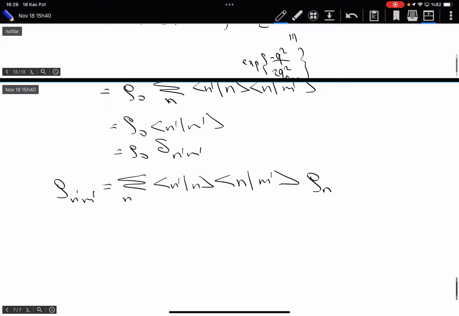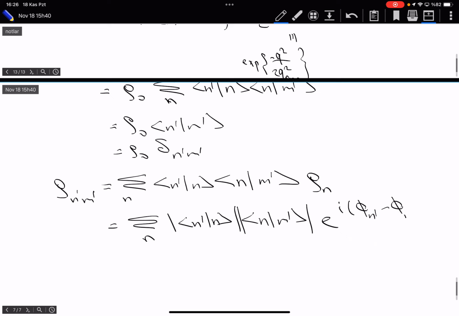You see, what is this? Let me write it in this form. Phi n prime and phi m prime are nothing but the phases of these quantities.